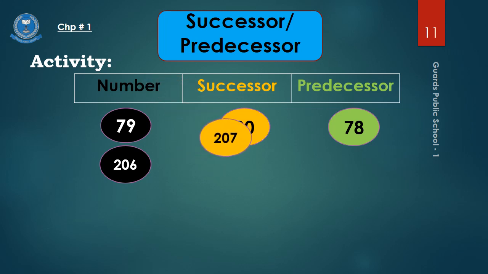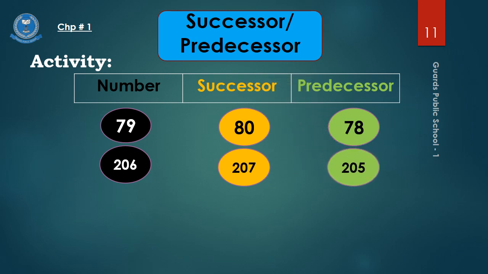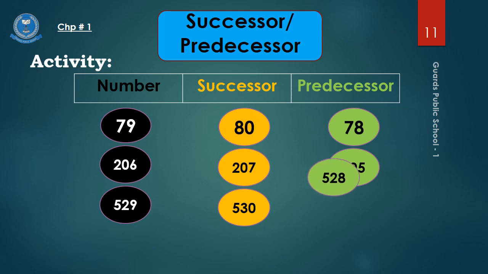Yes, the successor of 206 will be 207 and the predecessor will be 205. Okay students, now we have the number 529. What will its successor be? Yes, the successor of 529 will be 530, because we added 1. And what will the predecessor of 529 be? Yes, it will be 528.